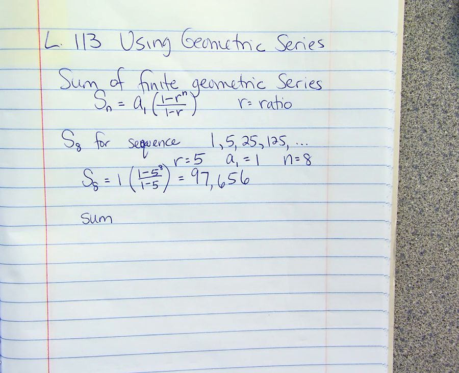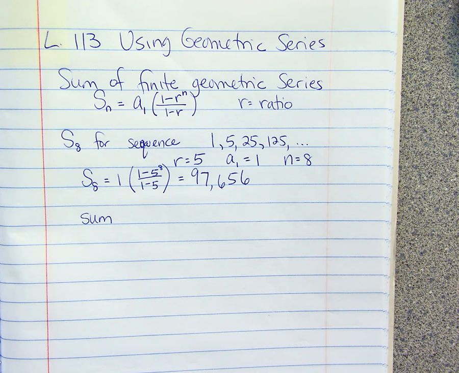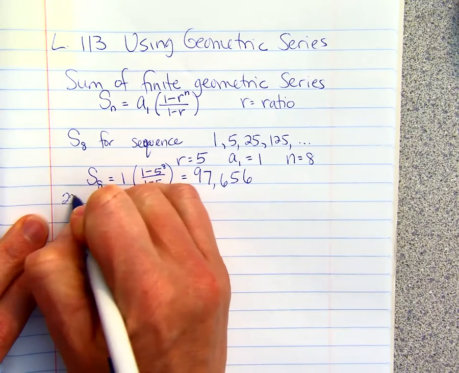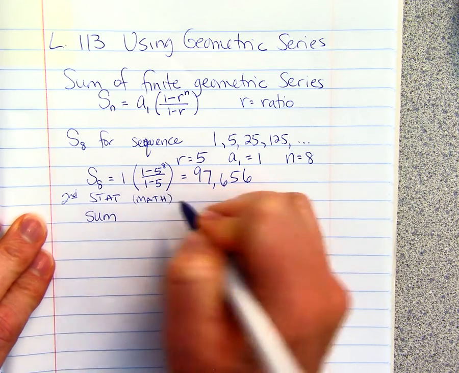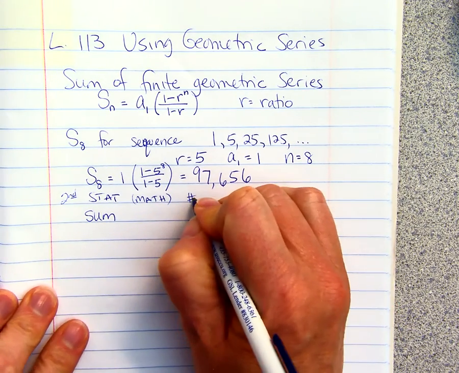Actually, it's in list: second stat, math, then you push your right arrow twice, and it's number 5, which is sum.